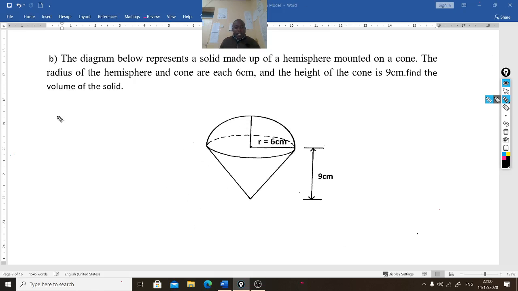And we know the volume of a sphere is 4/3 pi r cubed. So that means a hemisphere is half of a sphere.